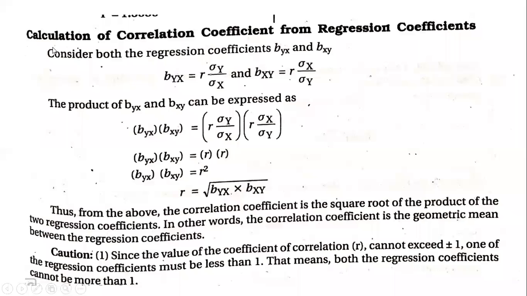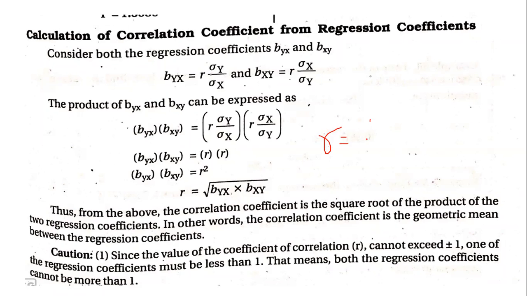Let us start. So the next topic is calculation of correlation coefficient from regression coefficient. So here this is a mix of correlation as well as regression. If you see the heading carefully, calculation of correlation coefficient. We will be finding out R by using regression coefficients.